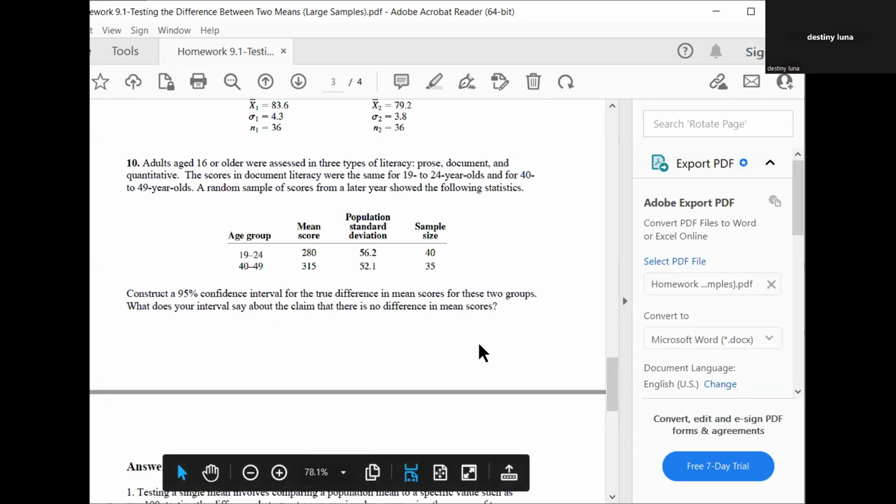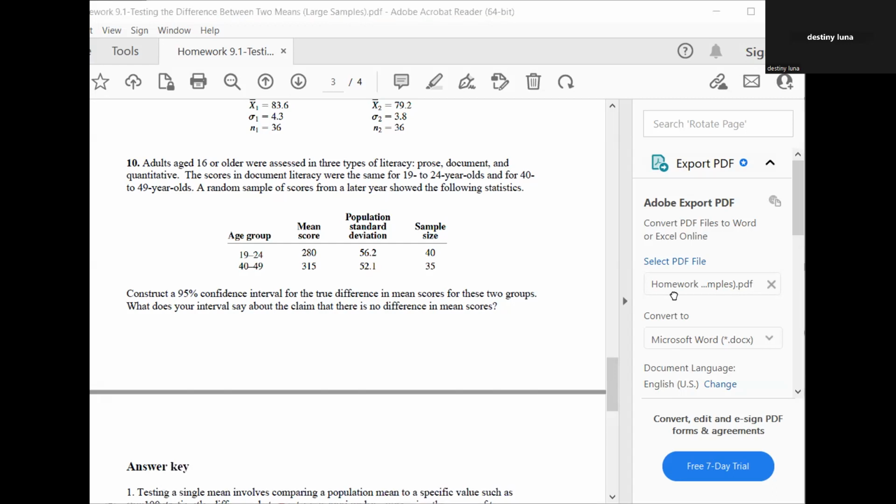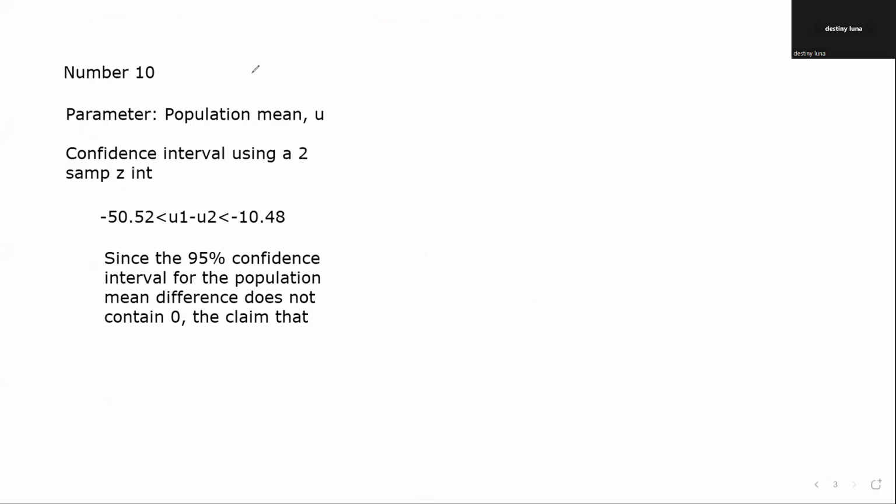So we say, there it is. A claim that there is no difference in mean scores is not supported.